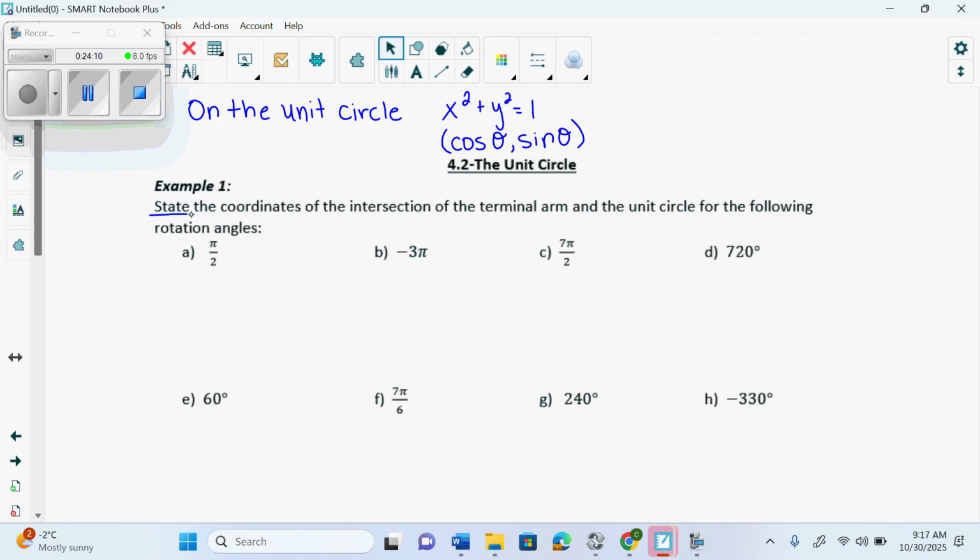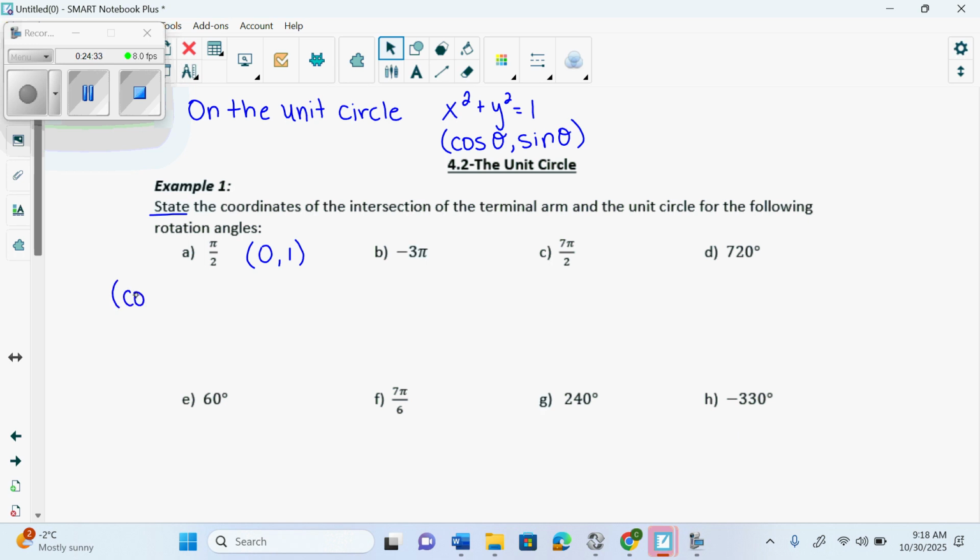So here it says state. I don't have to do that. State the coordinate of the intersection of the terminal arm, so where it stops, and the unit circle. I'm given pi over 2. If I go to my unit circle and look up at pi over 2, which is 90 degrees, it is at 0, comma 1. If that falls out of my head, what could I just do?